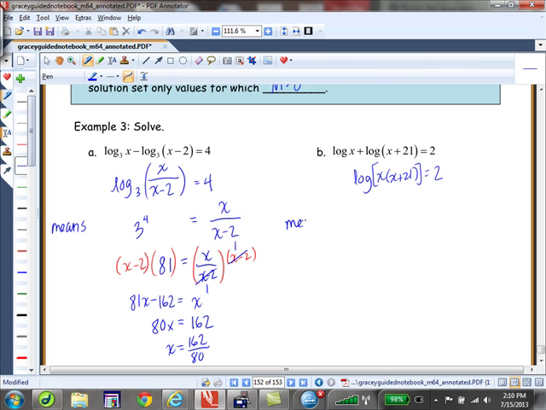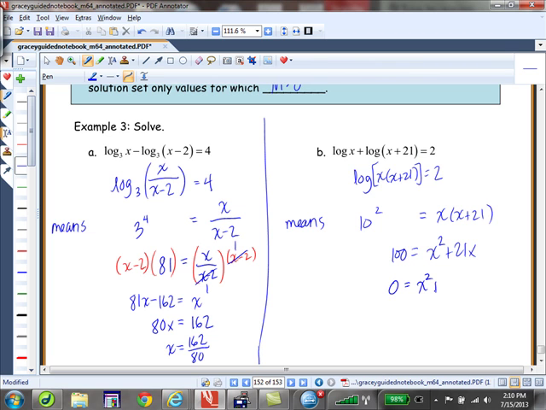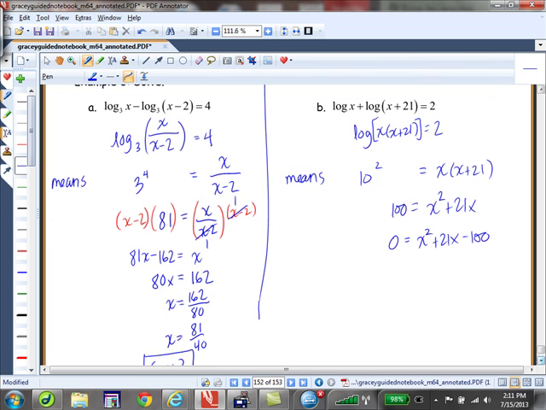So this means that 10 squared equals x times x plus 21. 10 squared is 100, equals x squared plus 21x. So then 0 equals x squared plus 21x minus 100.